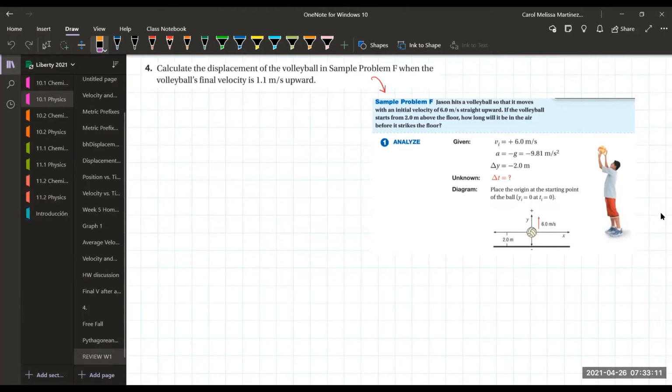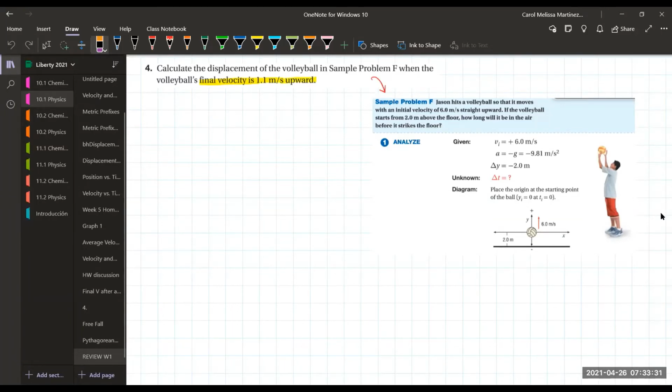Okay, so here, what do we need to get? We need to get information from sample problem F and include this data over here. Final velocity 1.1 meters over second, and the problem tells me that it's upward, so it's going to be positive.